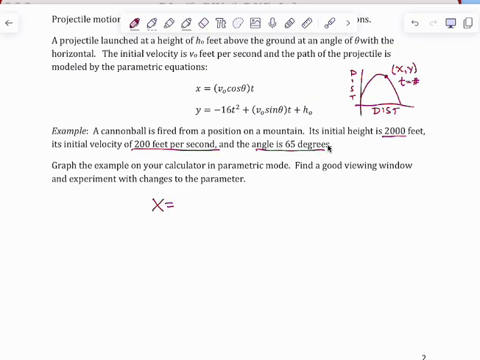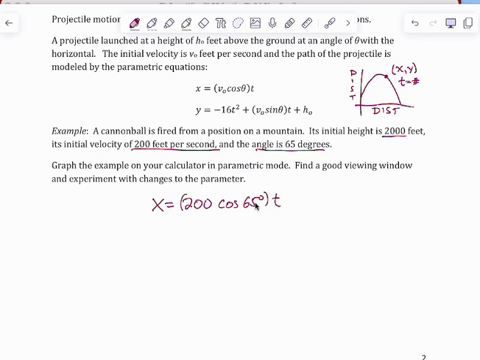So the x would be the original velocity, 200 feet per second, times the cosine of 65 degrees. And I intentionally made it a non-unit circle value. So this is just equal to some number. Okay, whatever that number happens to be, that is the horizontal component of this.